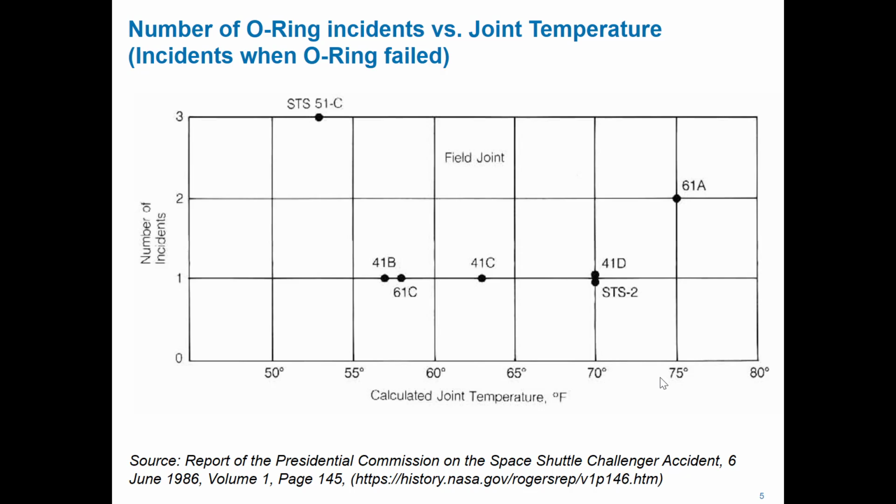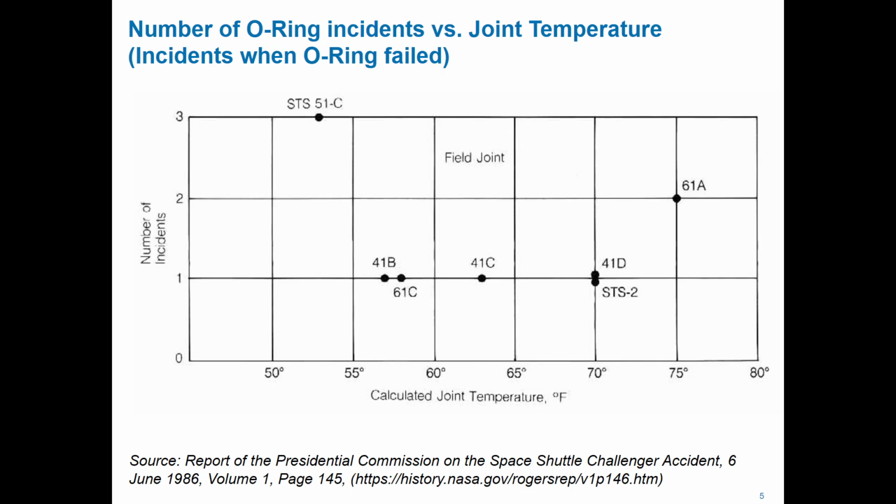Probably not. Also, this chart only shows the incidents when the O-ring failed. So the NASA team didn't see the whole picture. That's why they didn't make the right decision.